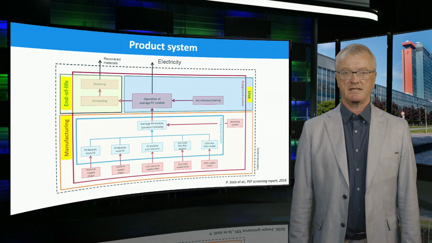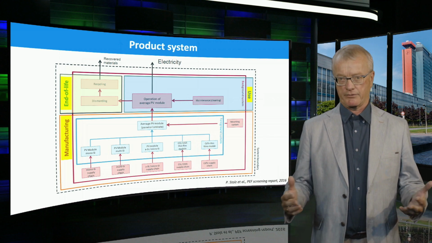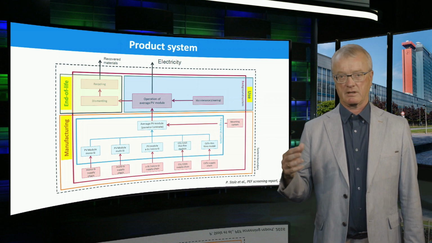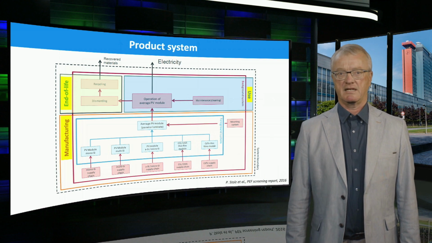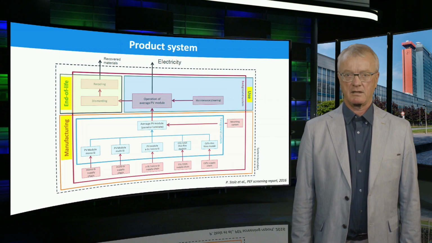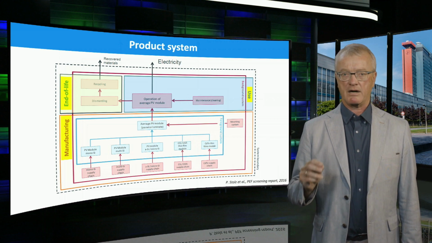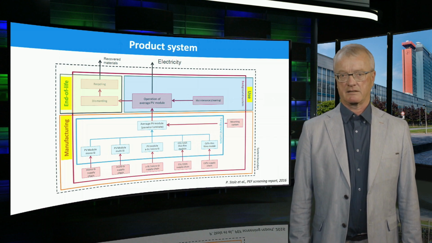The degradation rate is assumed to be 0.7% per year, and the lifetime is 30 years. The production of the inverter was excluded from the product system. Besides, different application scenarios were also considered. In our lecture, we only discuss the case of PV panels mounted on a slanted roof. For more detailed information, you can check the reference.